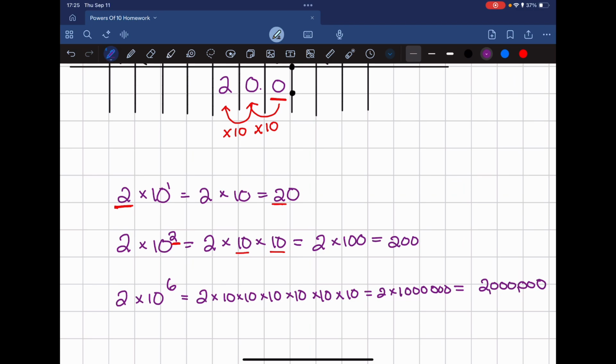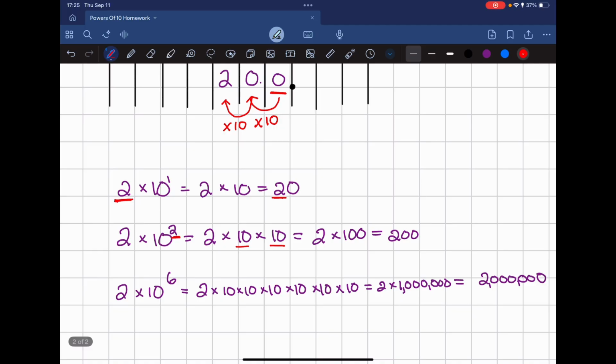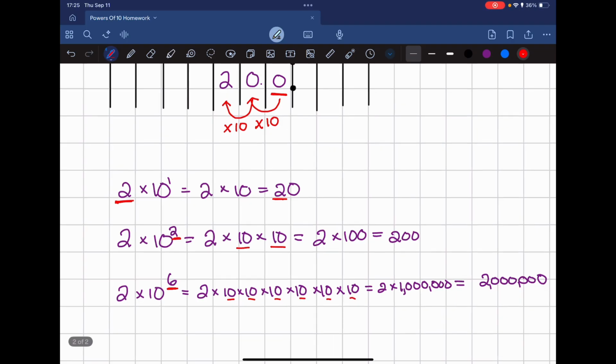Let's put some commas in here so we don't get confused. Okay. So once again, we did a really big one this time. So 6, 2, 3, 4, 5, 6. And so now we have our 6 zeros here.